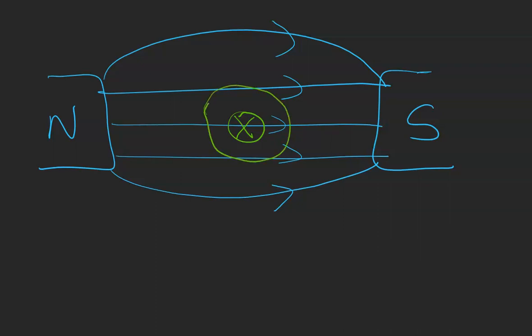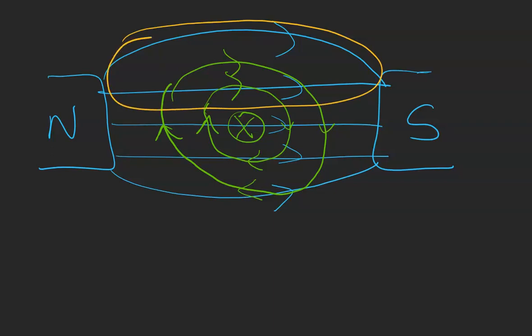Here I can draw my magnetic field pattern around that wire. At the top, the field lines will follow each other.